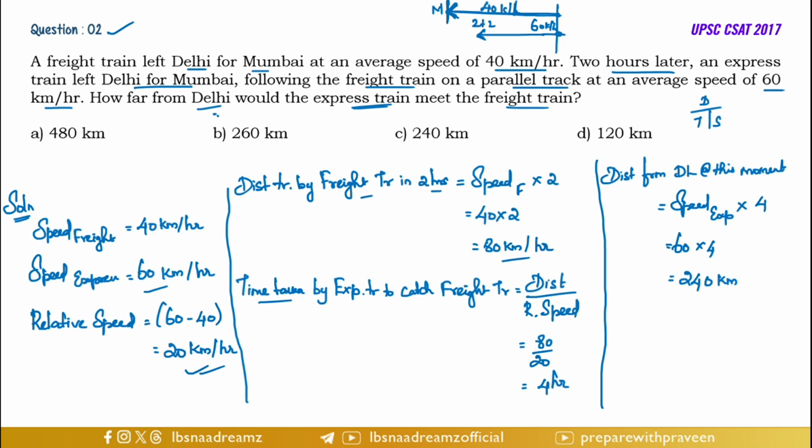After 240 kilometer, that is 240 kilometer from Delhi, both the express train and freight train will meet. So option C is the right answer. Yes, option C is the right answer.